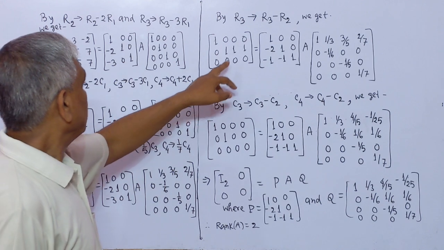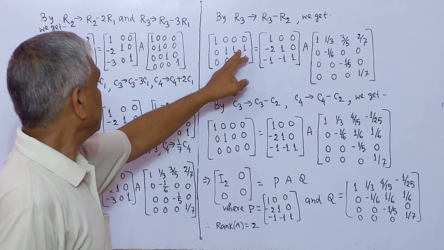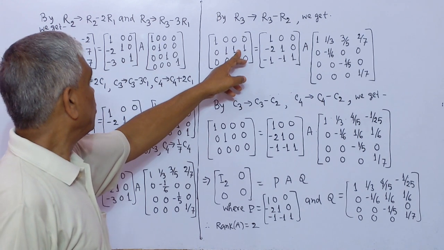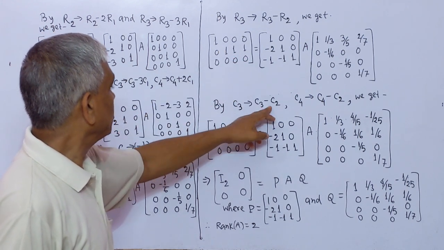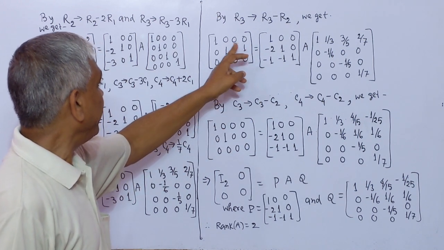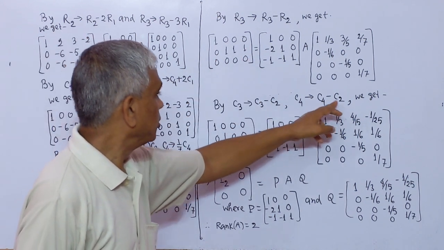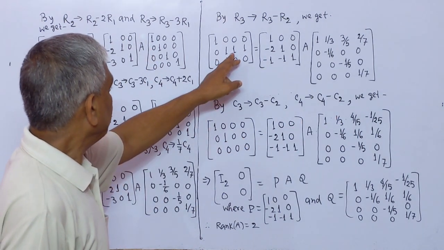Now we have to make here 0, 0. So in place of column 3, column 3 minus column 2, and in place of column 4, column 4 minus column 2, and here will be 0, here 0.